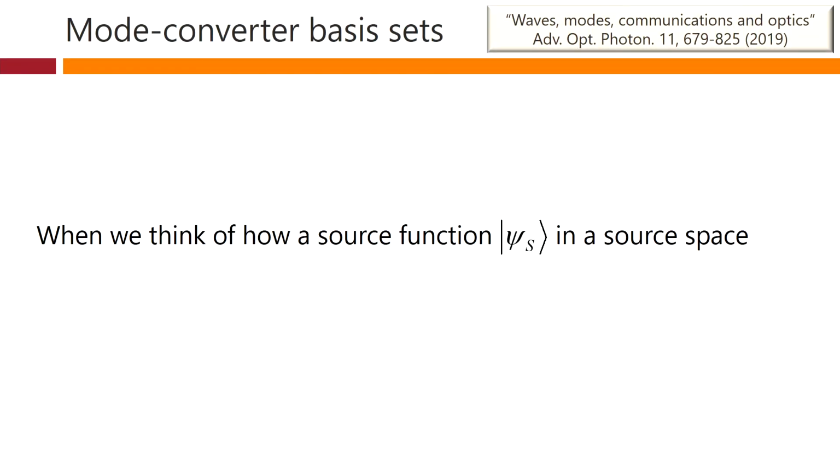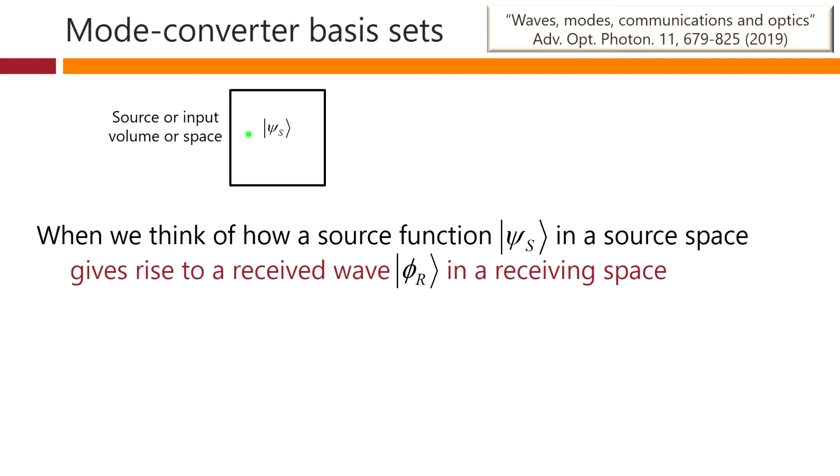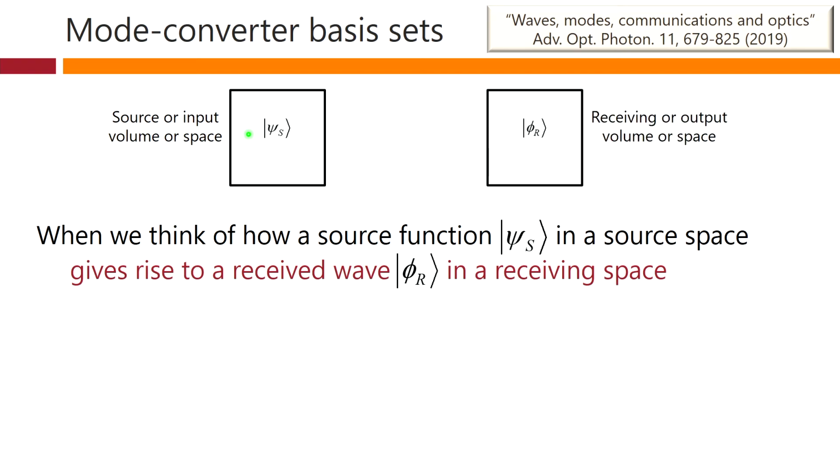When we think of how some source function, which we'll write here in Dirac notation, psi s, in some source space, so as we see here, some hypothetical source function, for example, some currents inside some source volume, gives rise to a received wave, which we'll call phi r, in a receiving space.